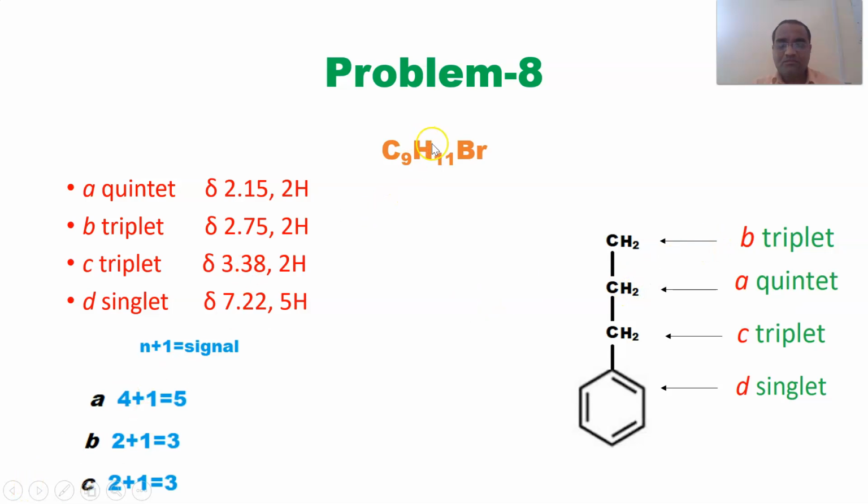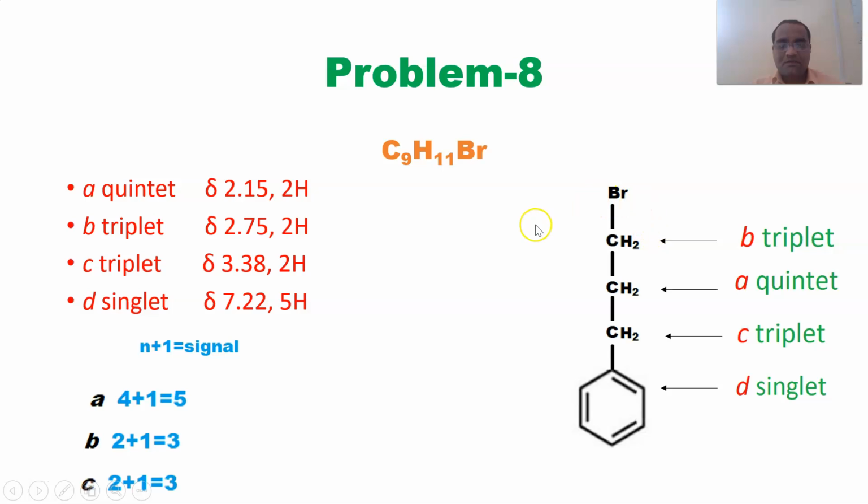Coming towards the molecular formula, 9 carbons: 6 carbons have been consumed, 6 plus 3, 9 are consumed totally, and after that 5 hydrogens over here and 6 hydrogens over here, as CH2. So now only one vacant position remains on the carbon, as carbon has valency 4, and only one atom has remained, that is bromine. Now you place that bromine over here.